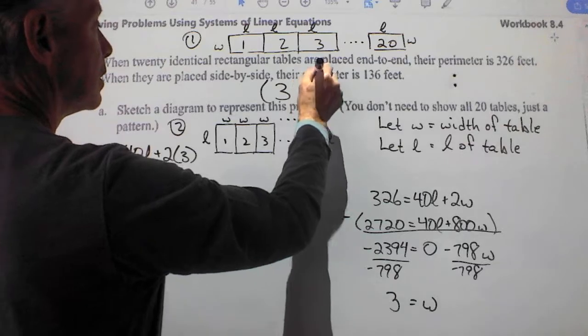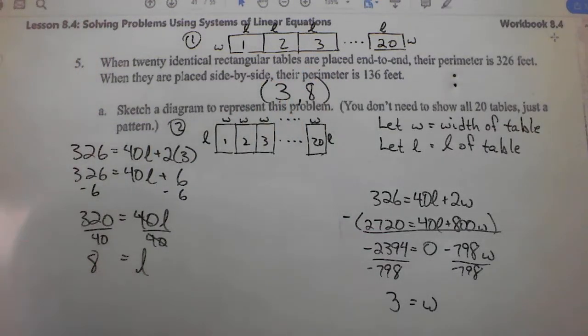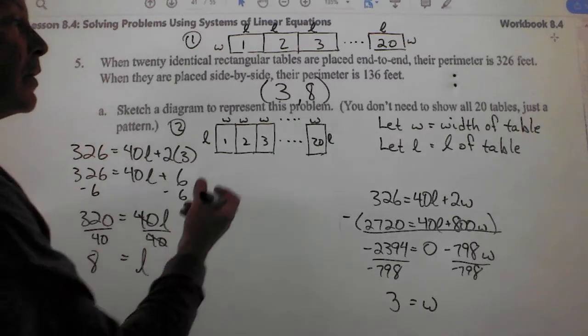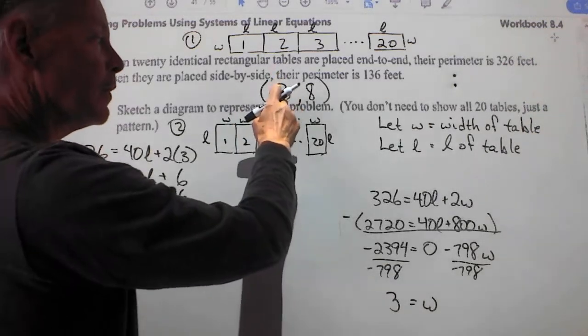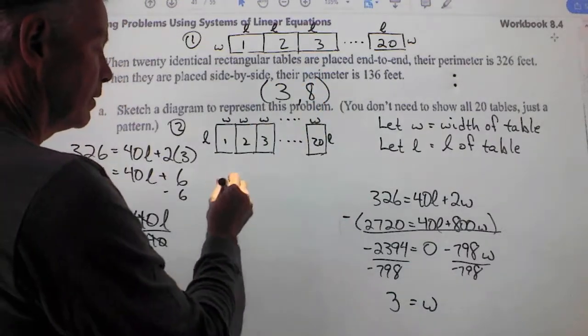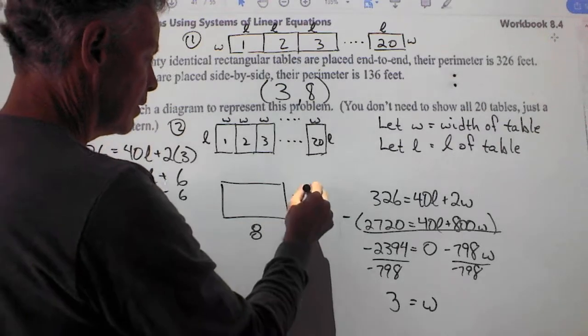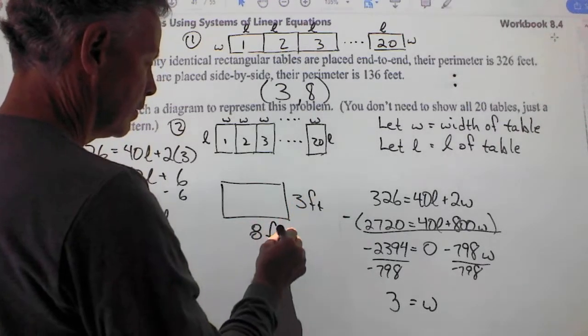And so our length is 8 and our width is 3. Okay, so what does that mean? That means each table has a width of 3 feet and a length of 8 feet. Okay, so they're 3 by 8 feet.